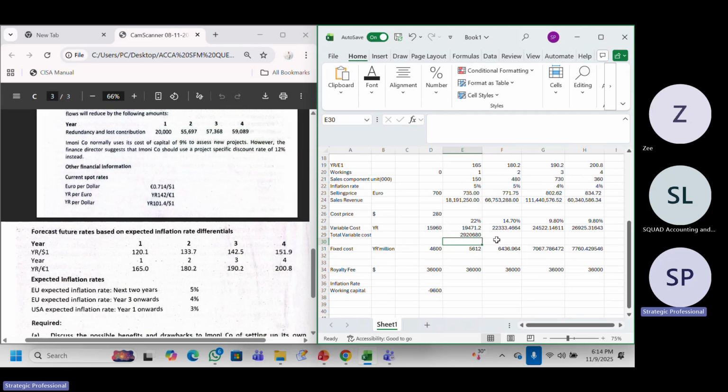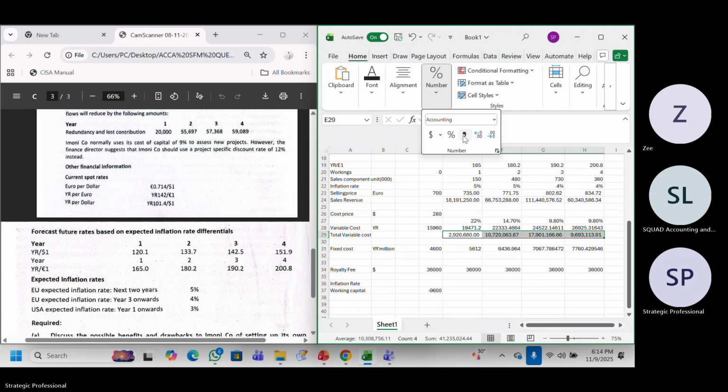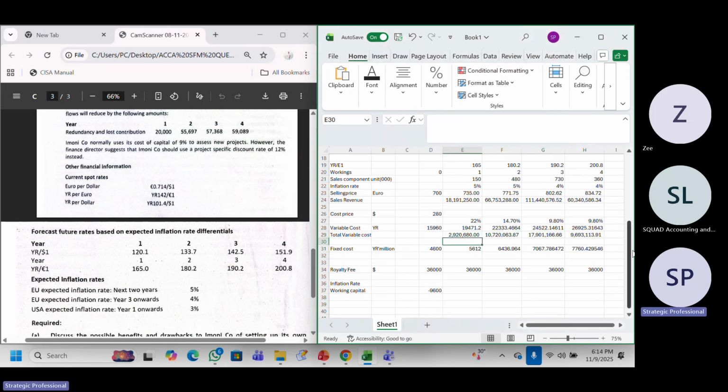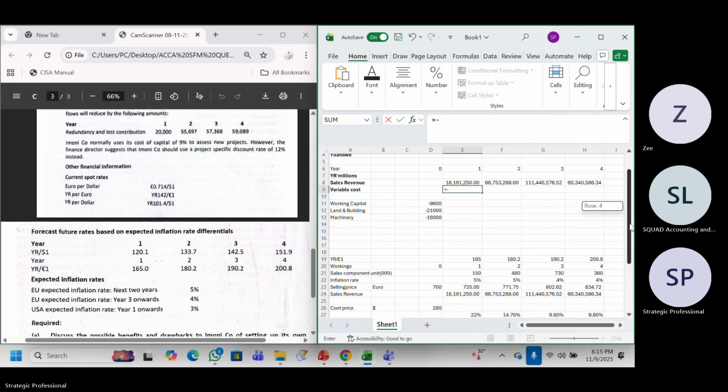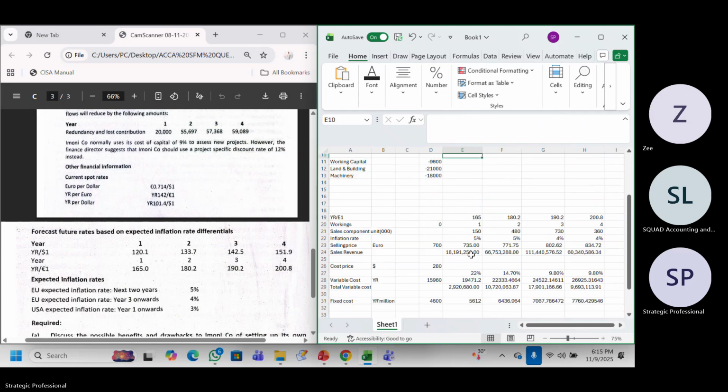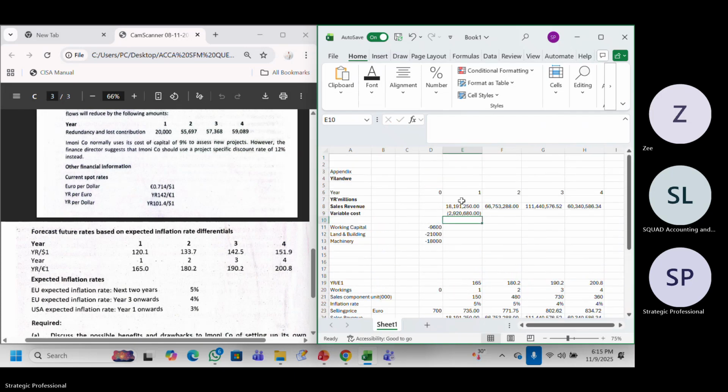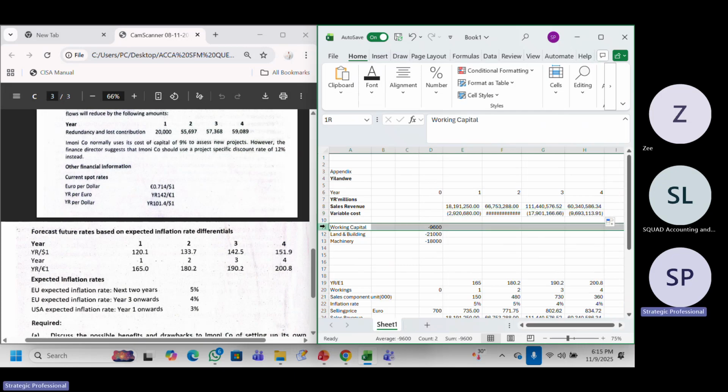And we have this. When you have this, you go straight and plug in the variable cost. That's that for that guy. Let's move on to the next point.